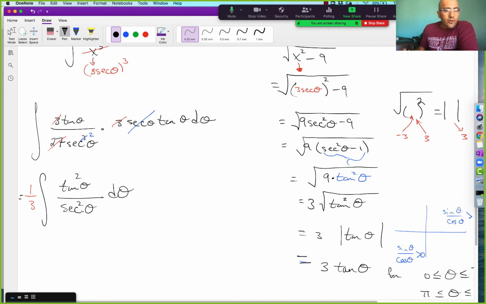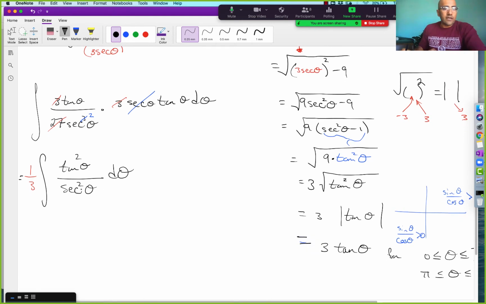Okay, so let's break this all down into sines and cosines, and maybe hopefully some stuff will cancel. So tangent of theta squared, this part by itself is sine squared theta over cosine squared theta. And then the secant squared is 1 over cosine squared theta.